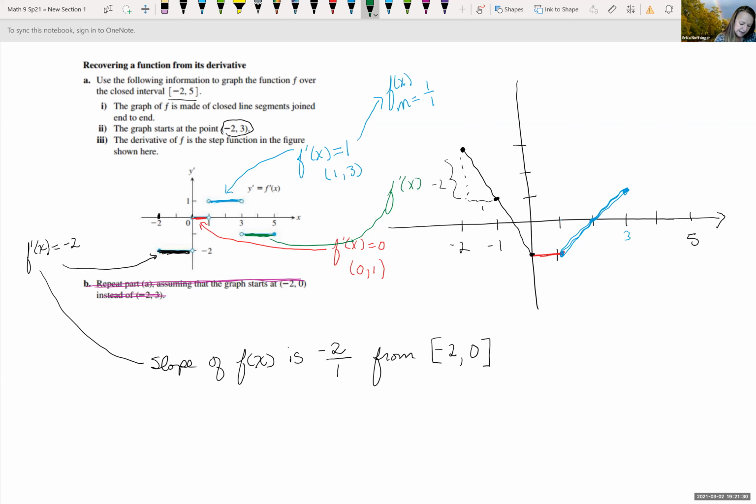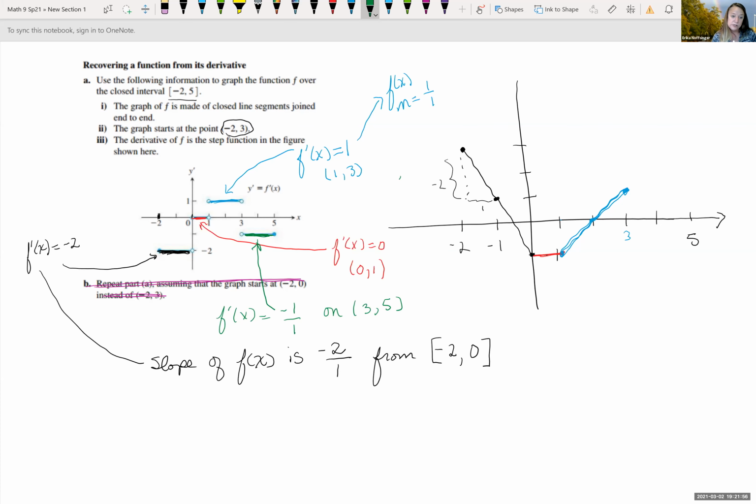So f prime of x equals -1. We can think of that as -1 over 1, and this is on the interval from 3 to 5.